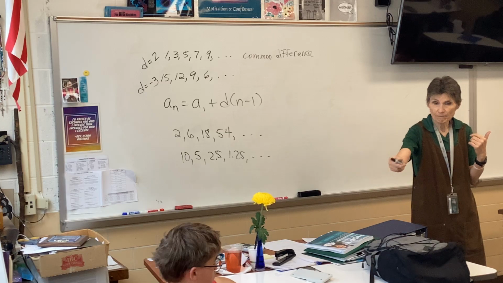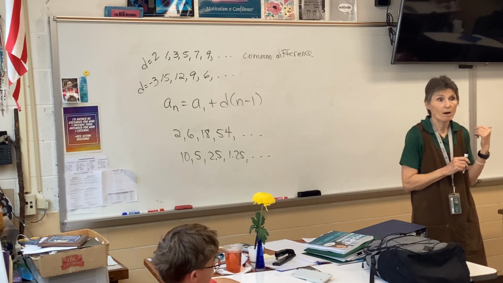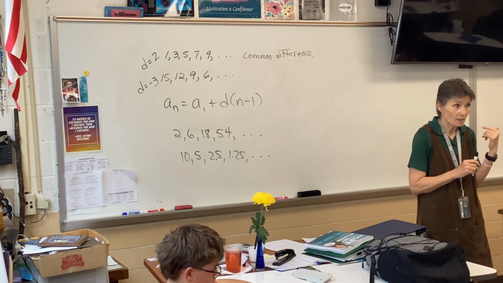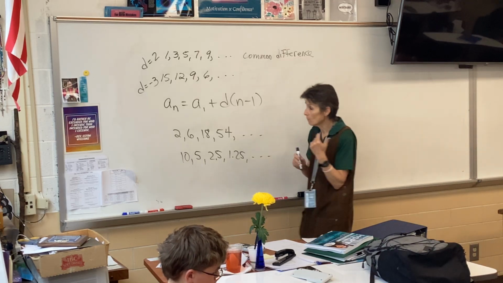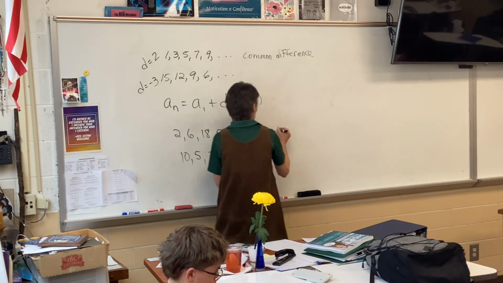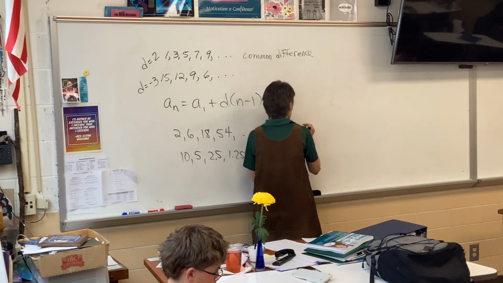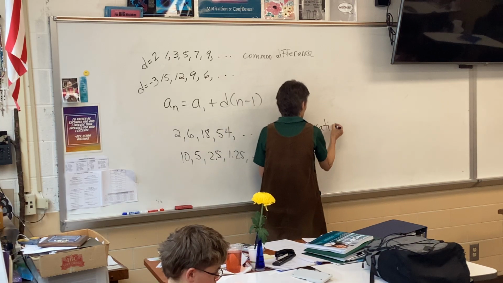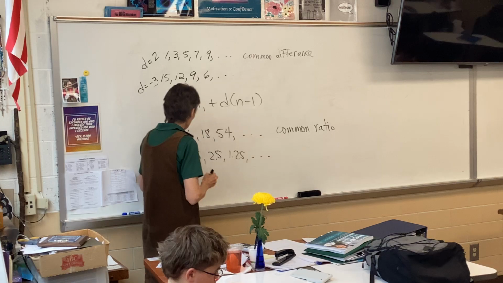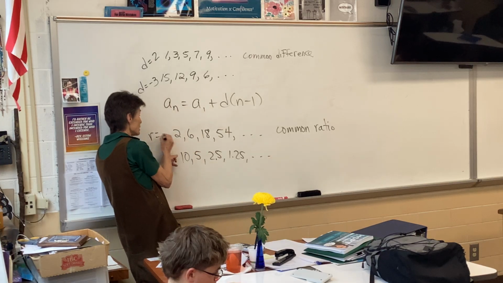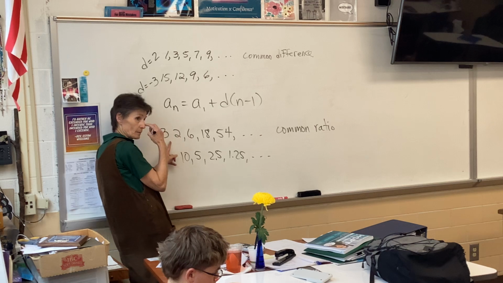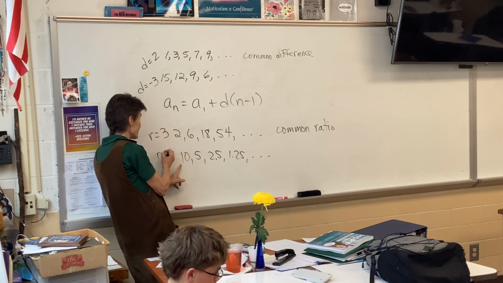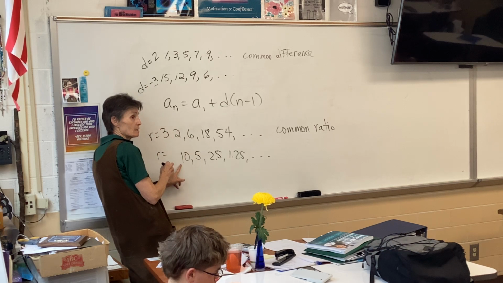In order to get from term to term, we are multiplying by the same number, and that same number is called the common ratio. So for this sequence, the ratio is 3. And for this sequence, the ratio is 1/2.